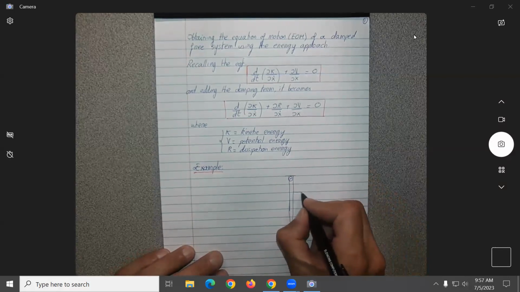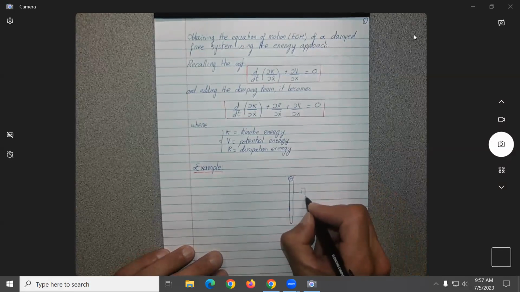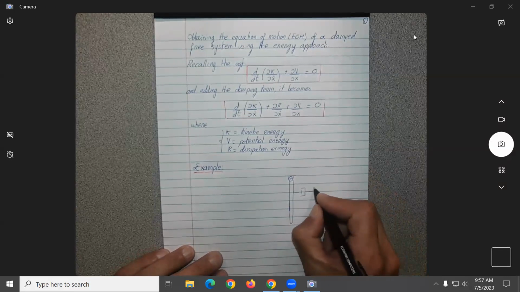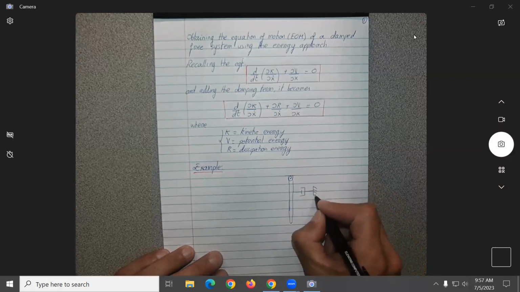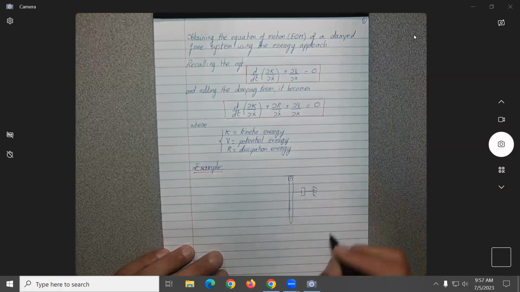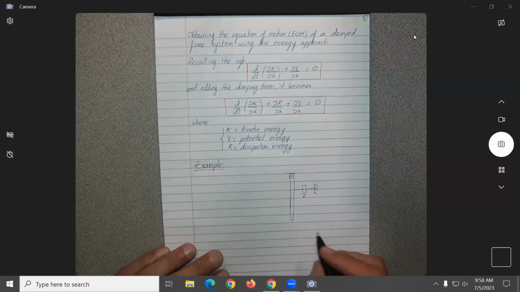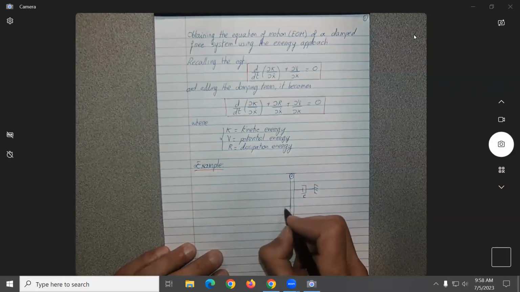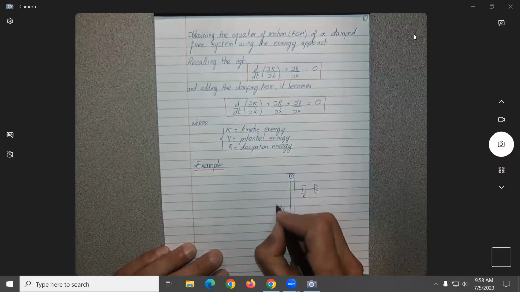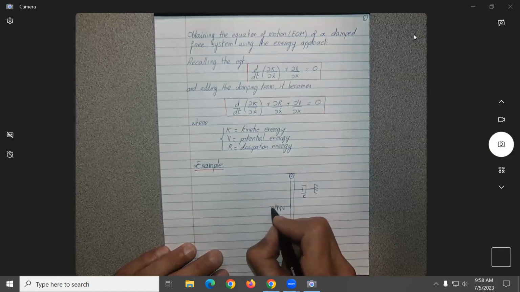All right, there is a damper over here, damper C. And here there is a spring.